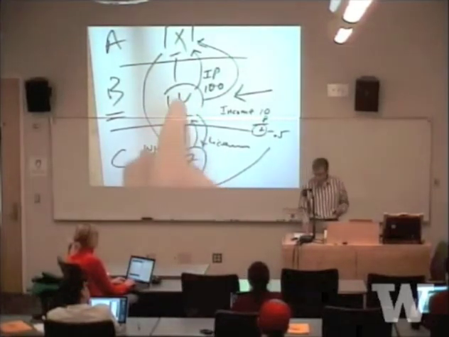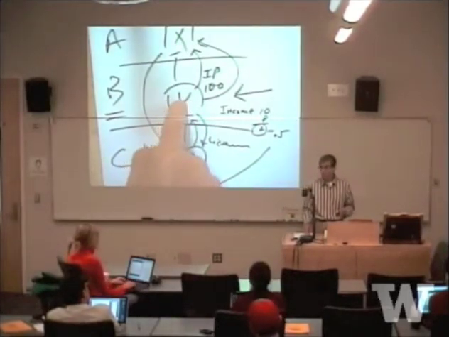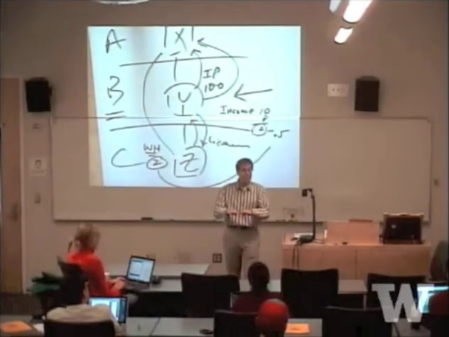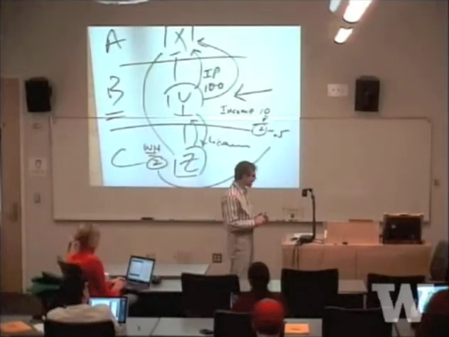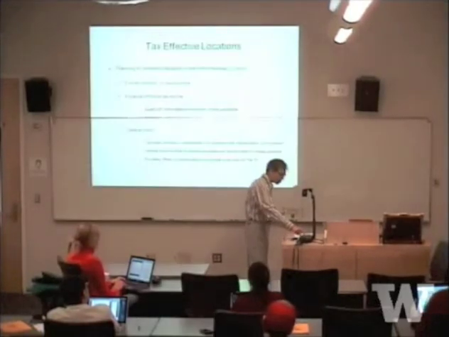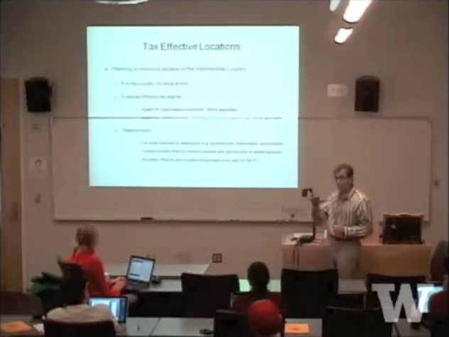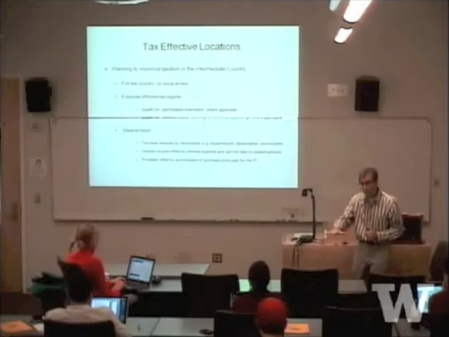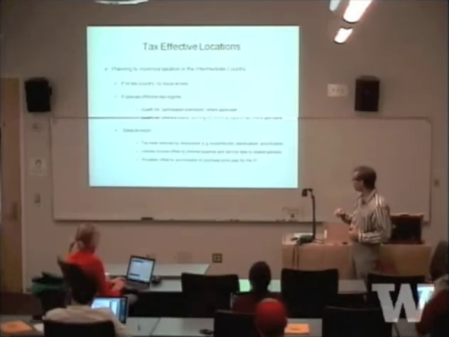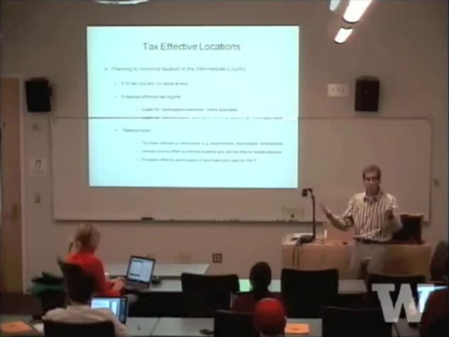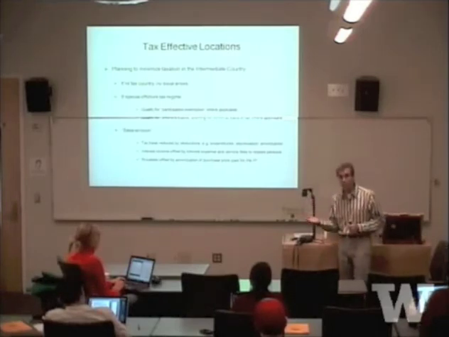To the extent that we can have legitimate expenses in here within Y, again, that reduces the tax base. And that's generally referred to as base erosion. You are eroding, you're reducing the tax base by expenditures or depreciation, interest expense, or royalties, or whatever it happens to be that you can legitimately structure.